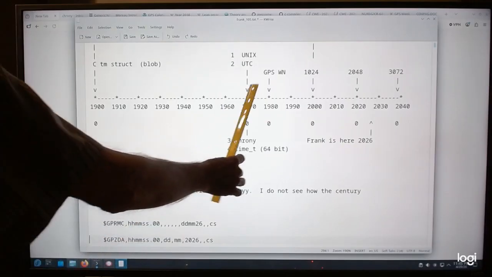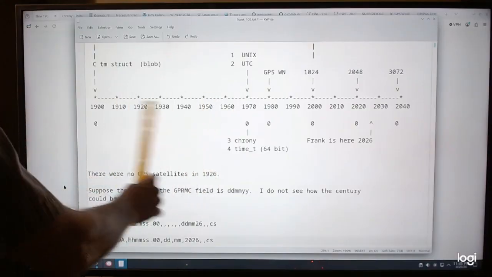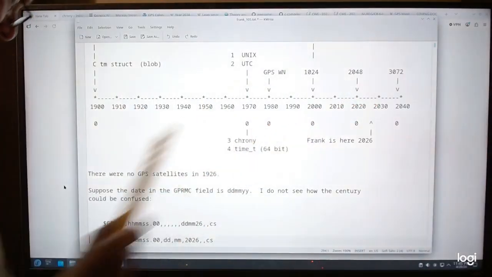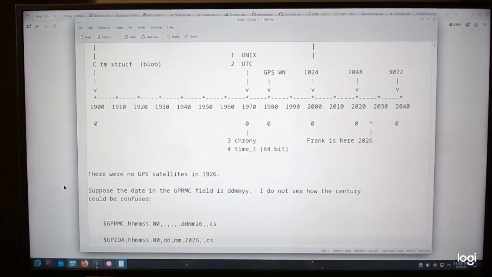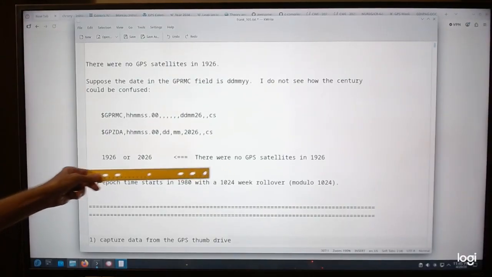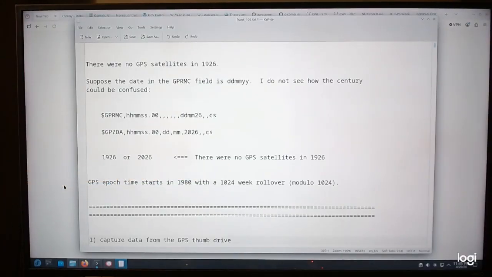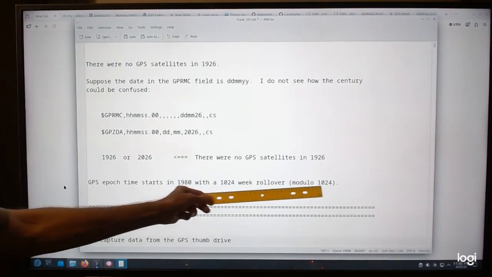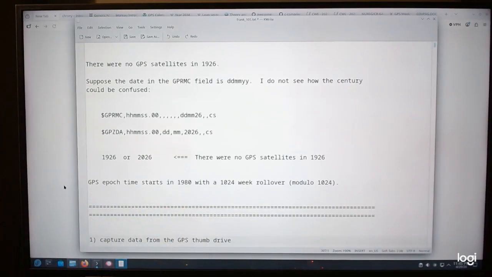There were no GPS satellites in 1926, so it has to be 2026. There's modulo 1024. Those are those week rollovers.